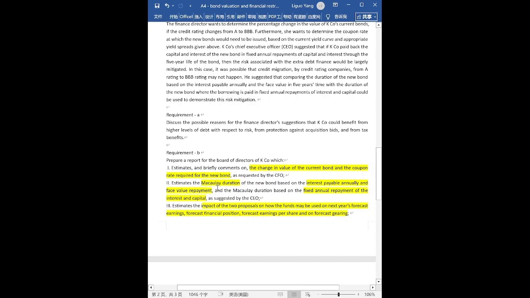Yeah, we have got the Macaulay duration in both scenarios. We have got the forecast earnings, financial position, earnings per share, and gearing, in both scenarios. So that's it.